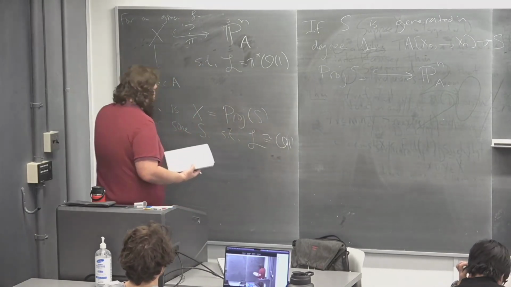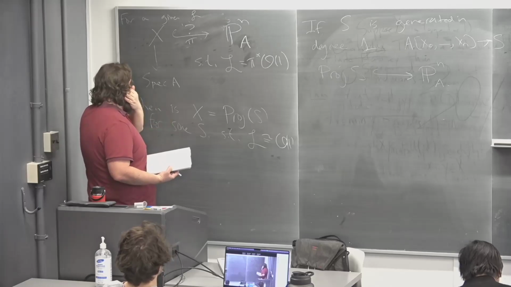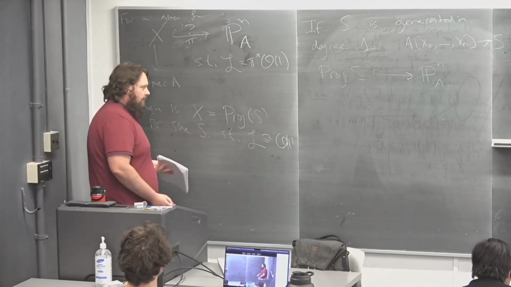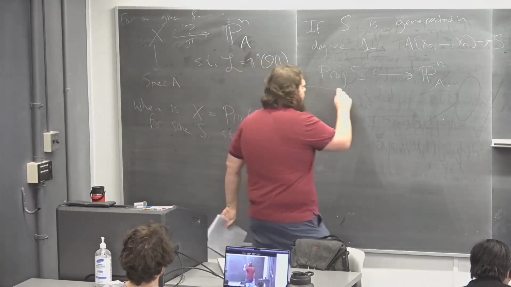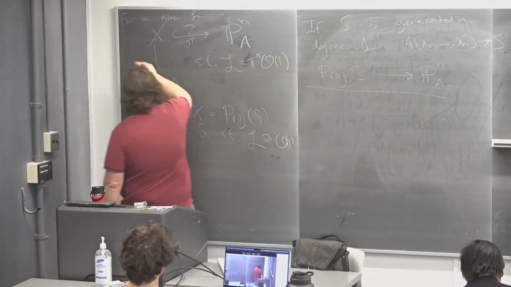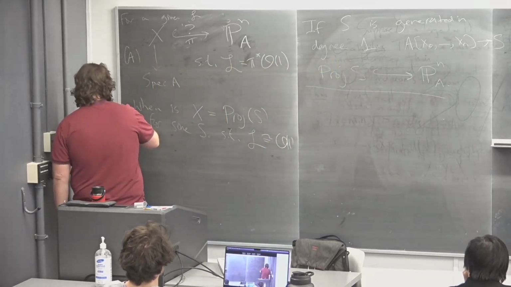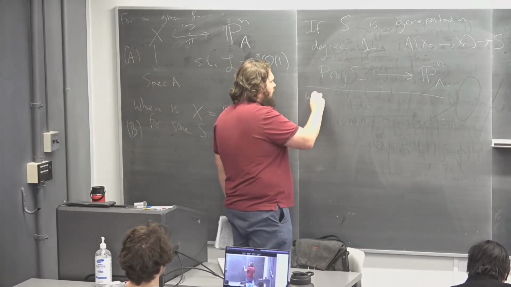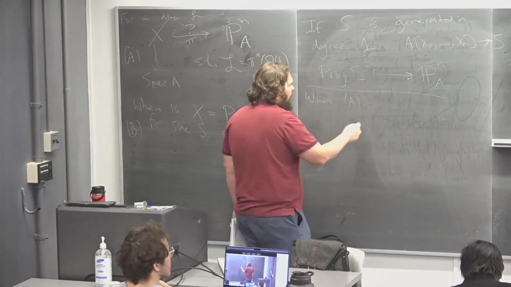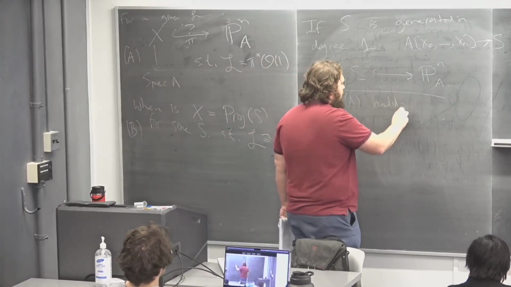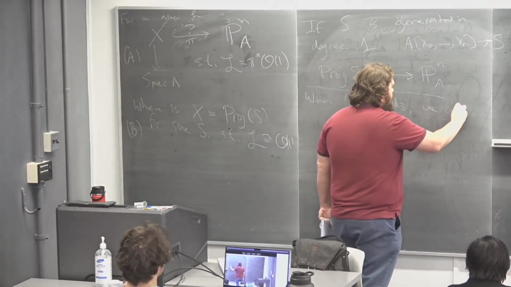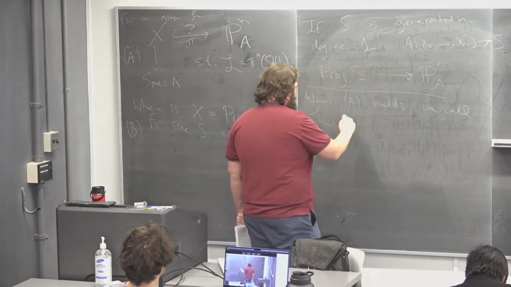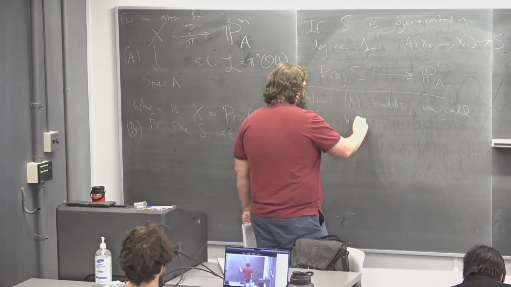So when these things happen, there are specific names for the resulting line bundles. Let me call this A and this B. When A holds, we call L very ample.